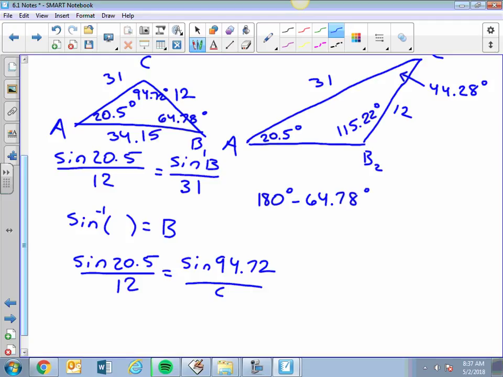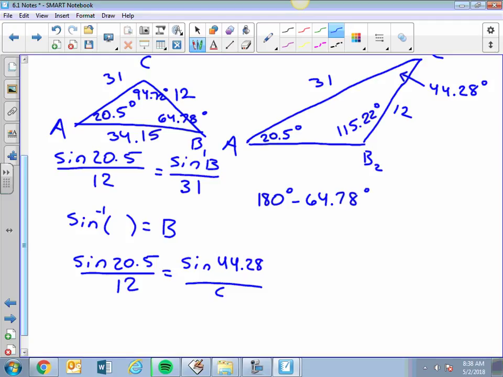Now that checks out if you take a look at it, because 94.72 degrees, you better have the biggest side length across from the biggest angle on the left side. Okay, so that one is done. The only thing that we have to change now is we set the A's up the same. We also have your C now, so in this one, instead of 94.72, we would have 44.28.